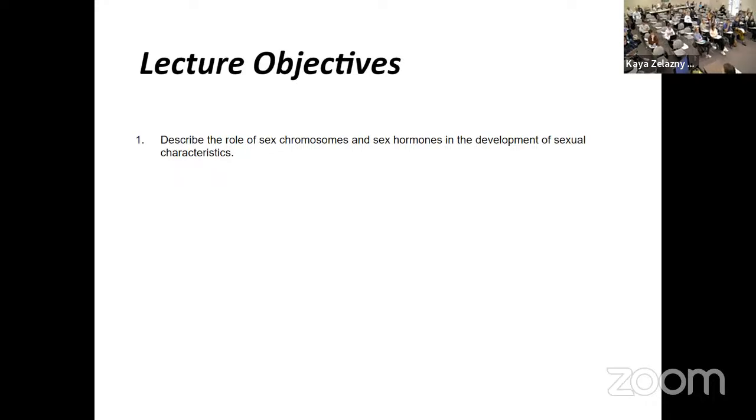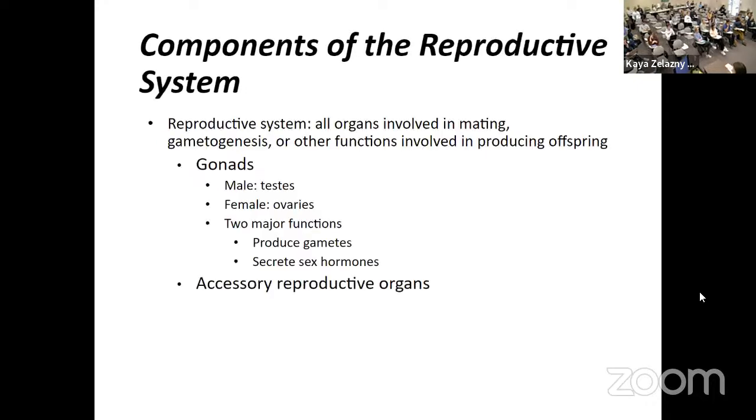Okay. So we are going to start by thinking about sex chromosomes and sex hormones and how that affects development of sexual characteristics. We're thinking about how we develop different reproductive organs.